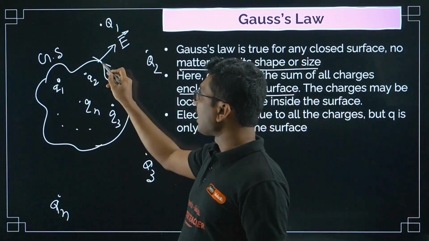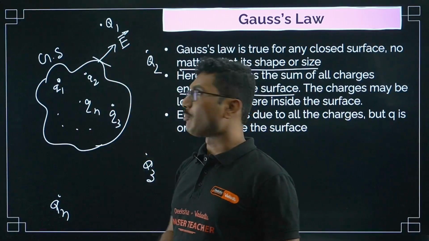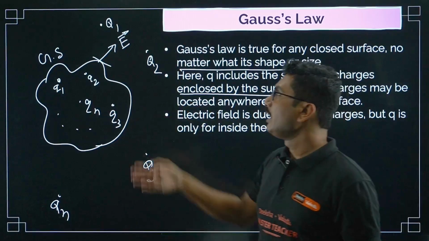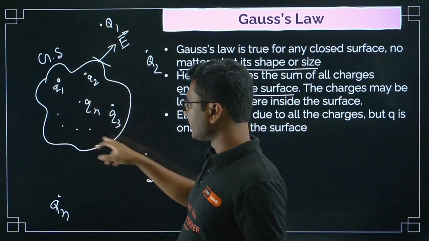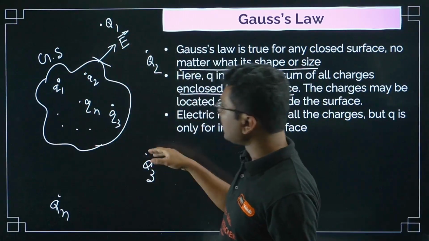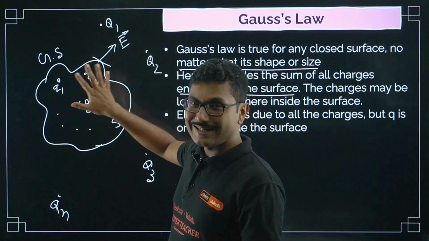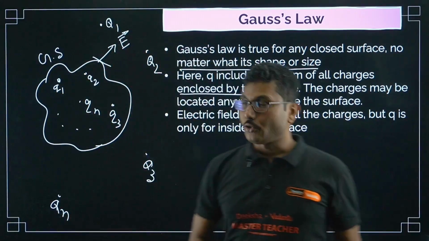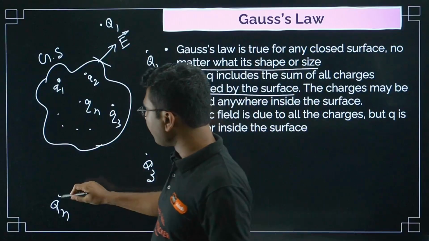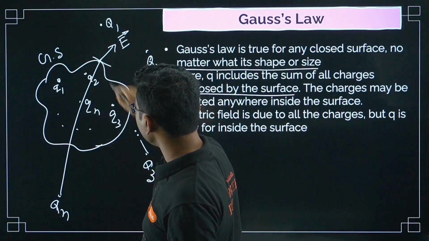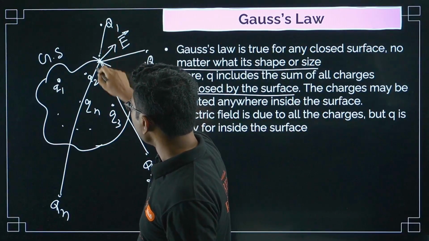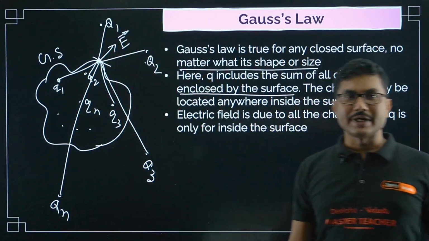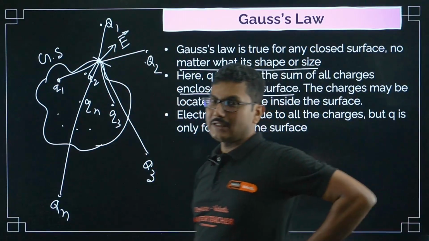So if you try to find the electric field at this point using the formula of electric field, you have to consider all the charges, not only inside but also the outside charges. All the charges, inside and outside, will have some say on the electric field at this point.